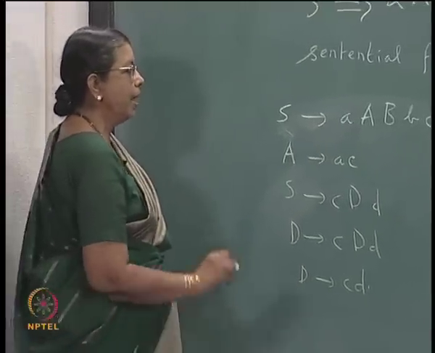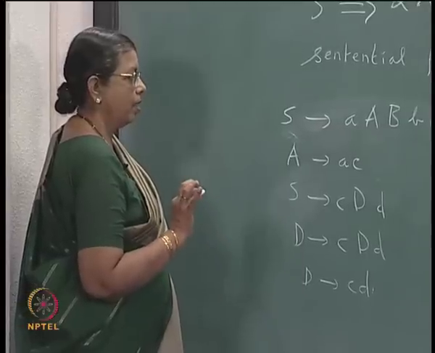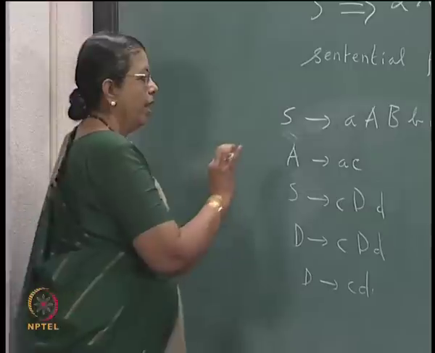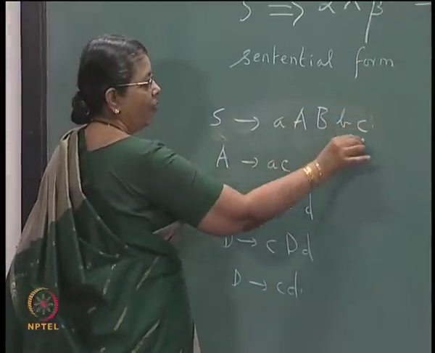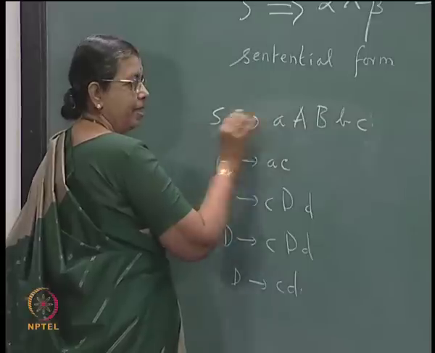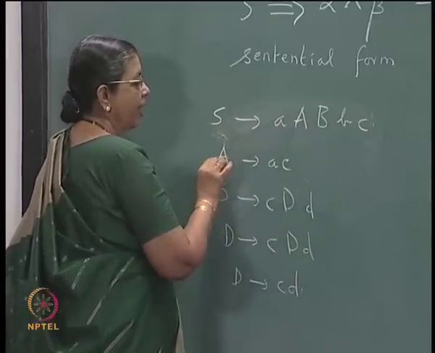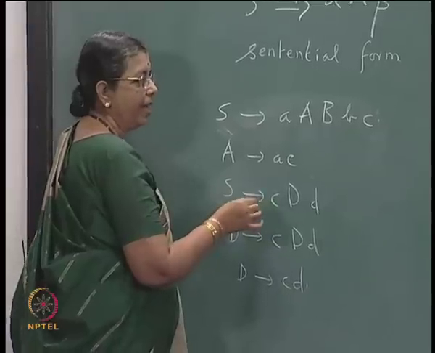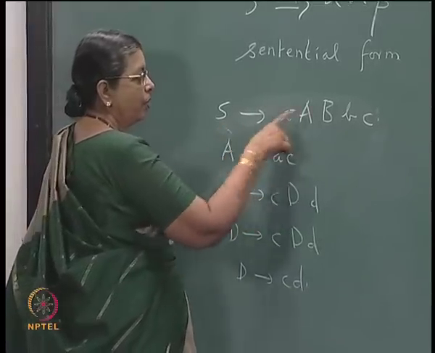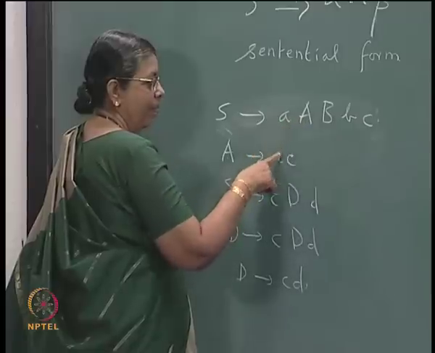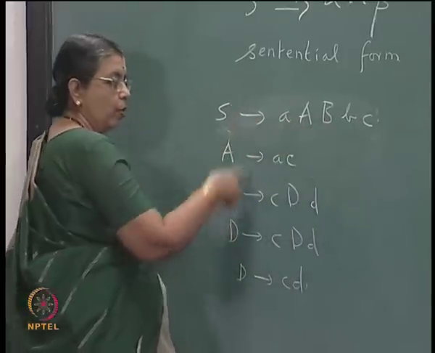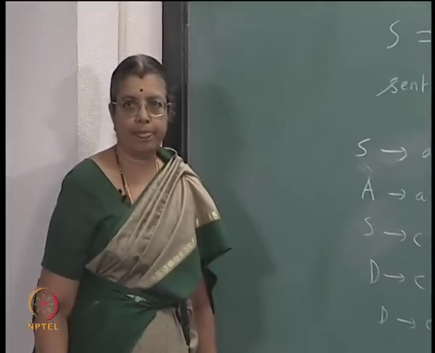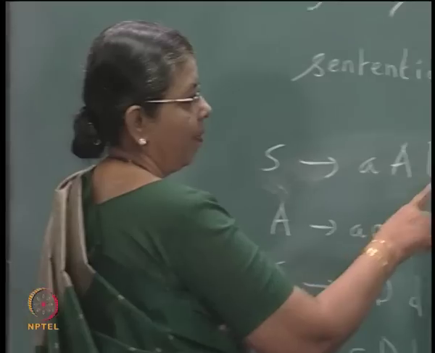Now, is the symbol A useful or not? It is possible to get a sentential form containing A from S. It is also possible to derive a terminal string from A, but if you use this rule and then replace A by AC, still B will be there. There is no rule with B on the left hand side. It is not possible to derive a terminal string from B.